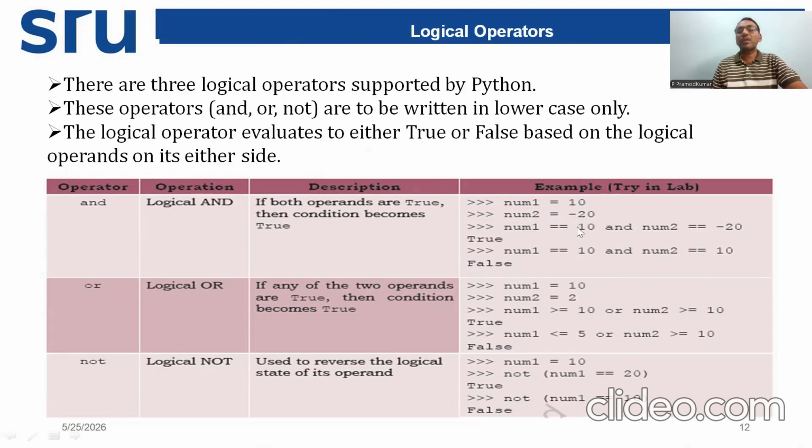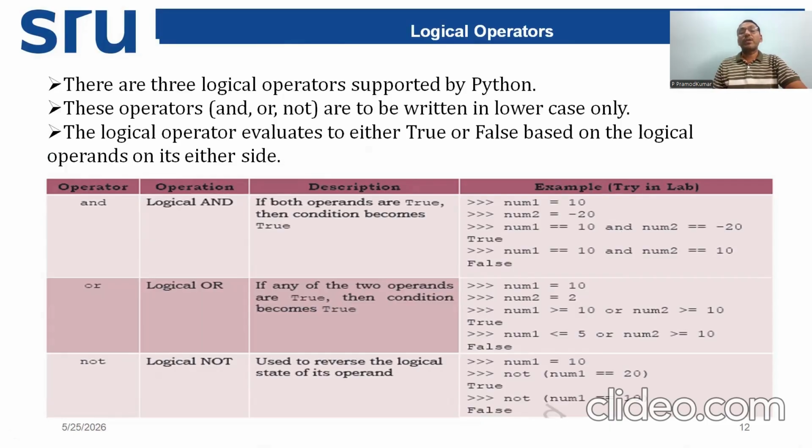Number 1 double equals to 10 is a relational expression 1. And number 2 equals to minus 20 is also a relational expression. In between the two relational expressions, I am using a logical AND. When I apply the logical AND operator, prior to that the relational operations will be done, because the relational operators have a higher priority than the logical operators.